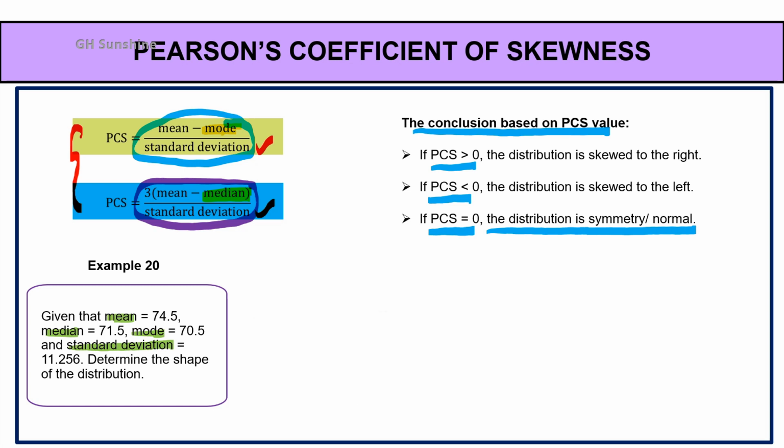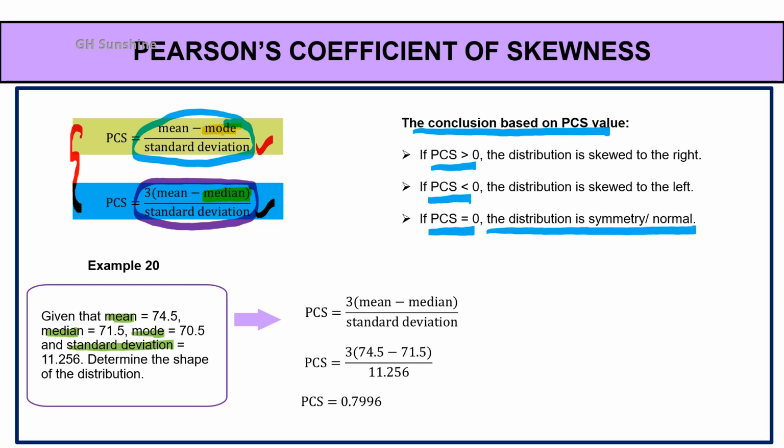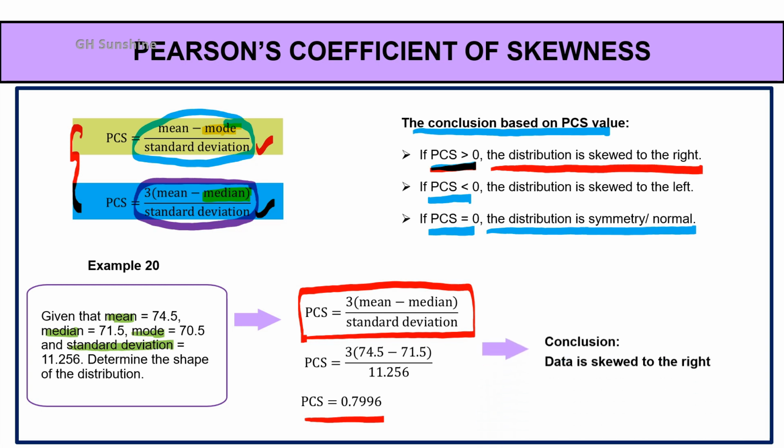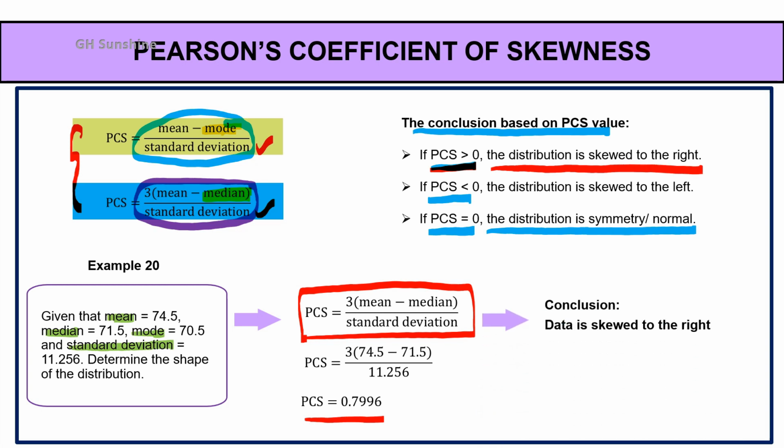Let's say you want to use this formula using the middle value. Substitute all the values. At the end, PCS equals 0.7996. Positive value, therefore the distribution is skewed to the right. So this is how you determine the shape of the distribution using Pearson's coefficient of skewness.